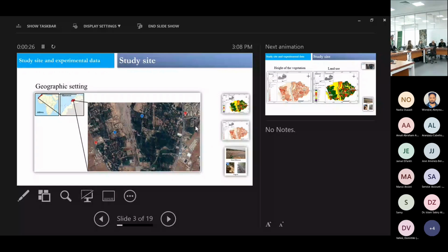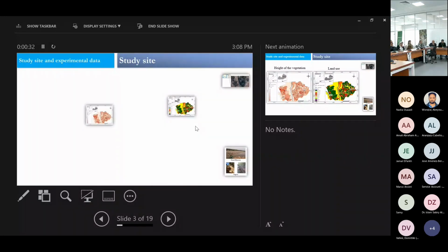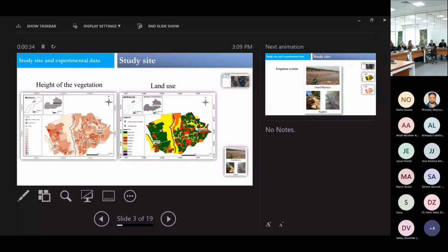There are differences in height, especially for the olive trees, with heights that vary from 2 meters to 13 meters. And the irrigation system adopted here is flood irrigation using the Seguia system.